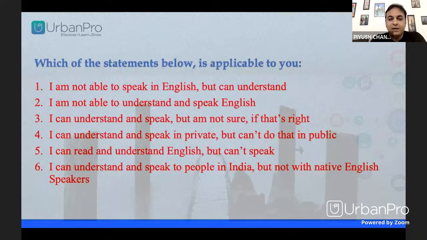Yes, every language has some prerequisites, but you do not need to cram up the grammar. Like I've been continuously saying, even in my previous sessions, English happens three times in your life. First one is during your school days when you are a student, and the English that you study is English as a subject.